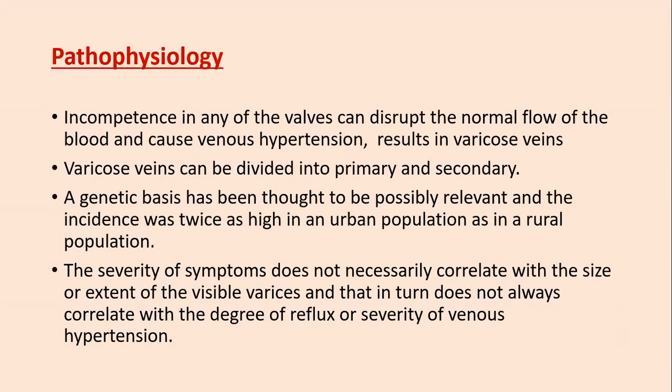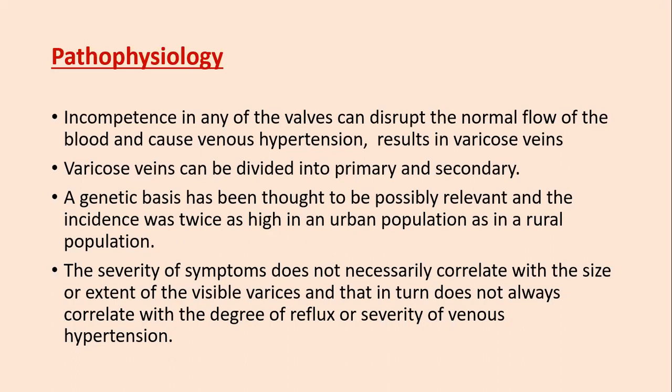Pathophysiology. It is mainly the incompetence of the valves that disrupts the normal flow of blood and causes venous hypertension, resulting in varicosities in the vein. The varicose veins are divided into primary and secondary. A genetic basis has been thought to be possibly relevant, and incidence is twice as high in the urban population as in the rural population, probably because of less movement.